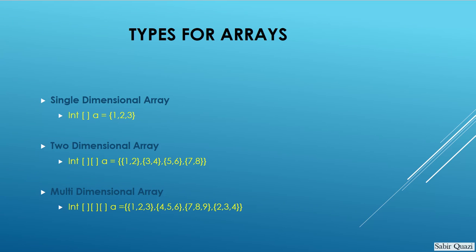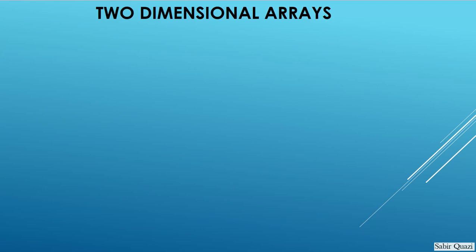A single-dimensional array holds a single value for every element. Every element will have a single value. A two-dimensional array we can call an array of arrays, and a multi-dimensional array is an array of arrays of arrays.